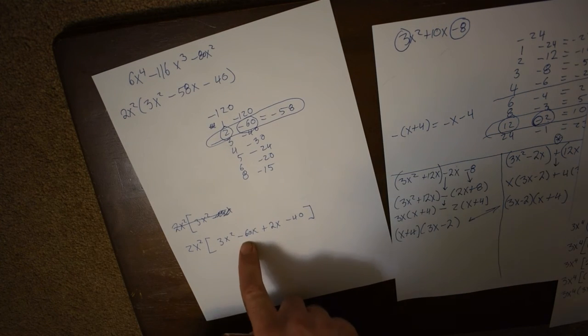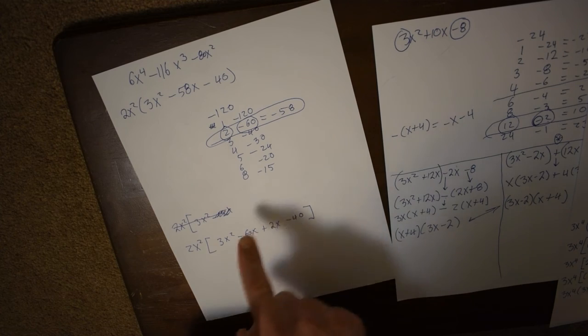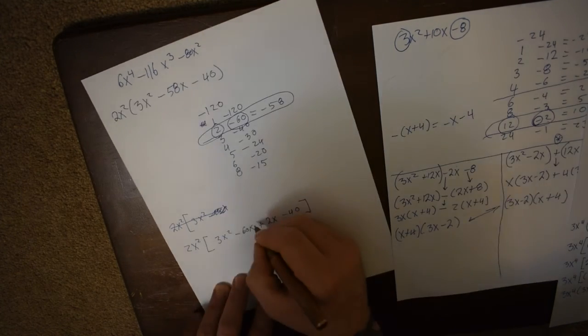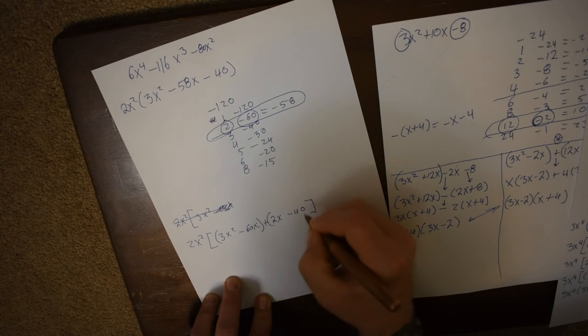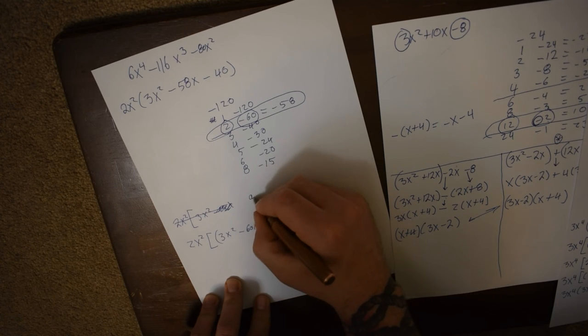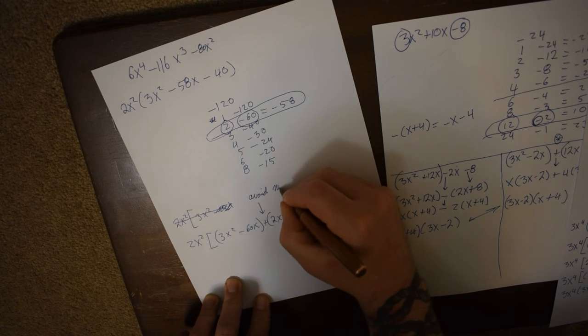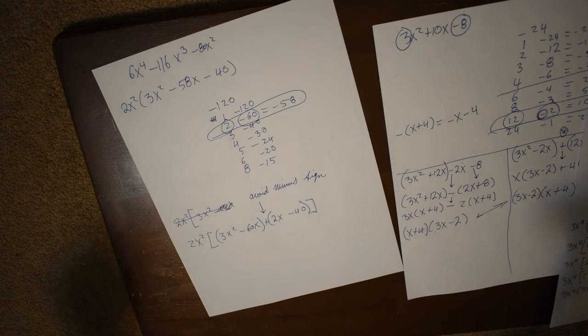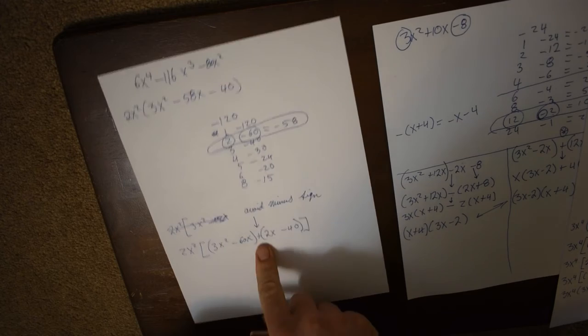I always write the negative number first when we have a negative and a positive. That way I can group these. I'm just trying to avoid having a minus sign.